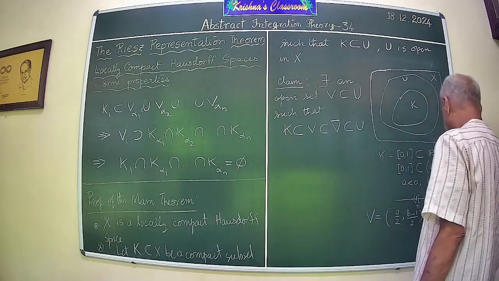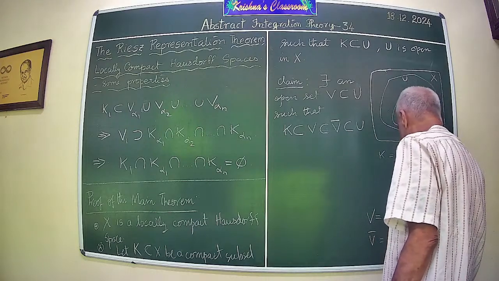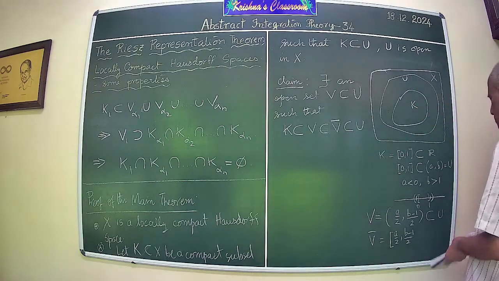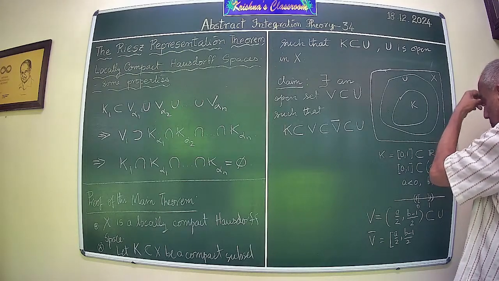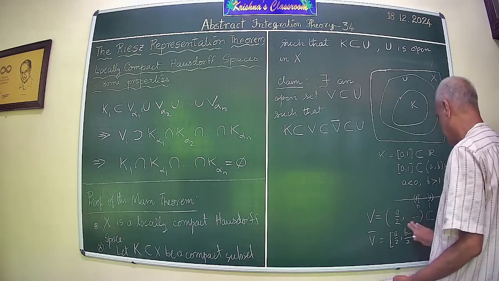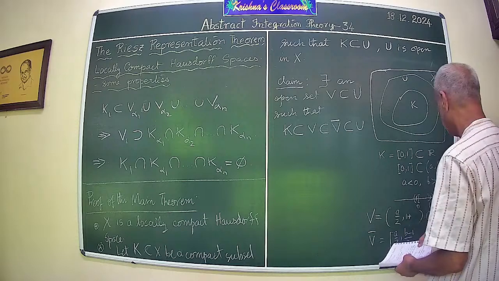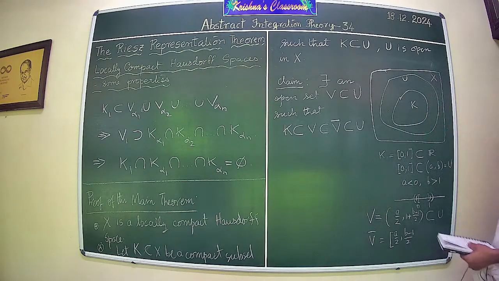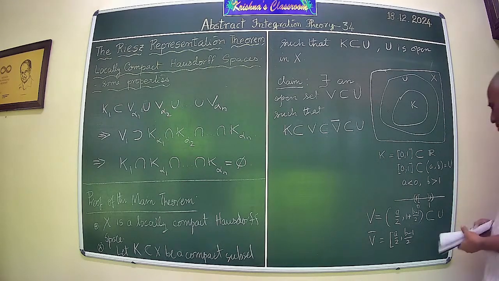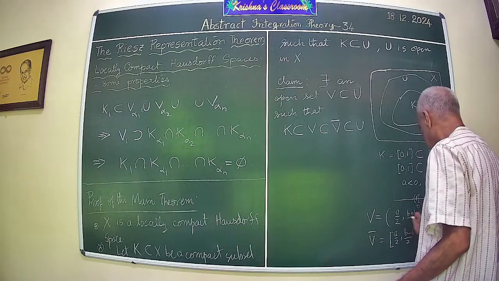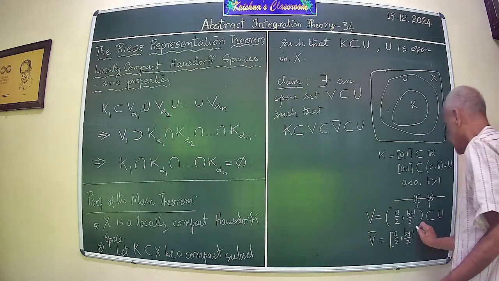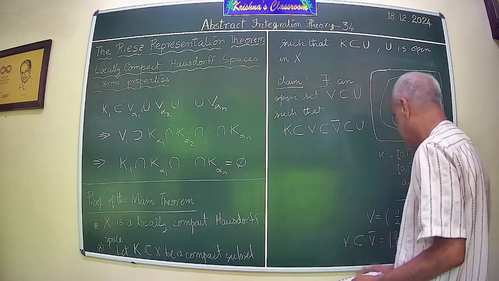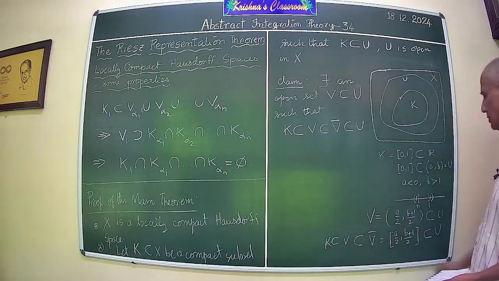Now you see that K is contained in V, and V closure is [a/2, (b+1)/2], which is obviously contained in U. Now this is the implication.